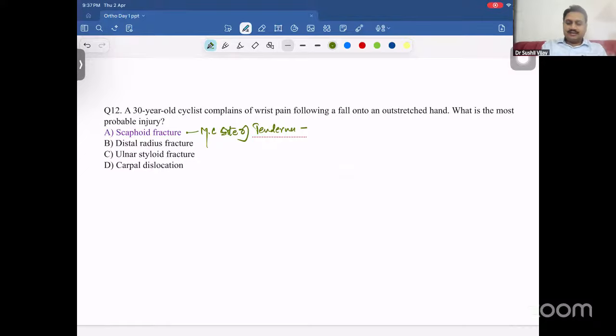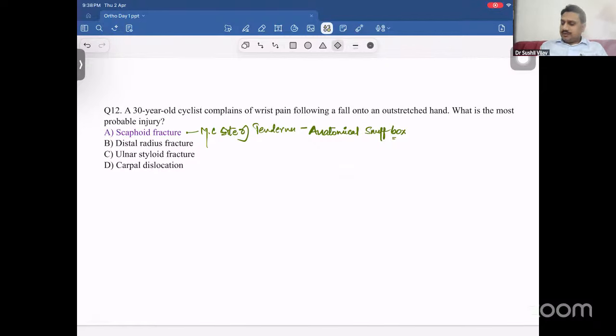Most common site of tenderness is the anatomical snuff box, right? Absolutely. So the most commonest site of tenderness has to be the anatomical snuff box.